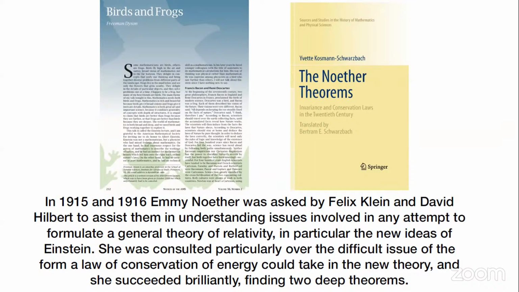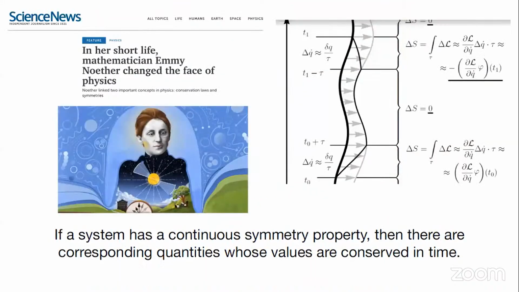And she proved two of the most fundamental theorems in physics that completely changed physics. She showed that for any conservation principle, there must be a symmetry law. And for the last 100 years, this has been like the North Pole for physics, because as physics got progressively more abstract, it became very difficult to use your intuition.